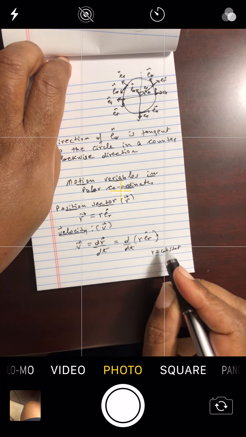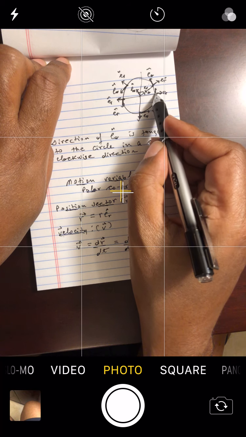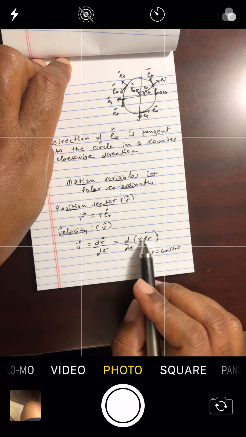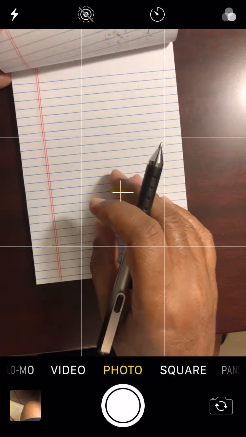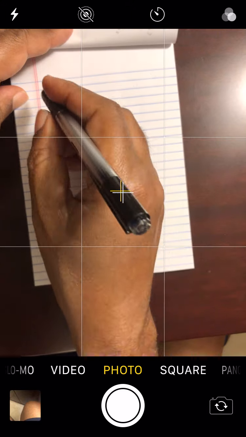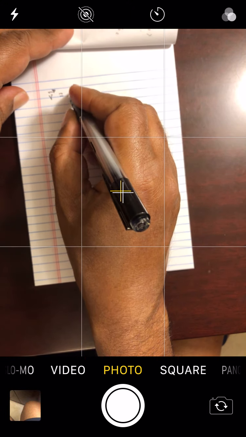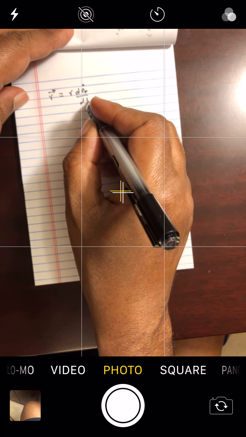So this derivative only involves ER. But the direction of ER changes as you go around the circular path. So it is a function of time. So the velocity is r times the derivative of ER with respect to time.